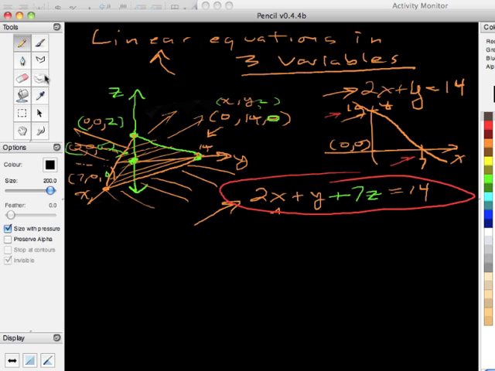So it may be clear that if an x, y, and z satisfy this equation, it has to be on this plane. And if you remember from geometry, two planes that are not parallel intersect at a line.